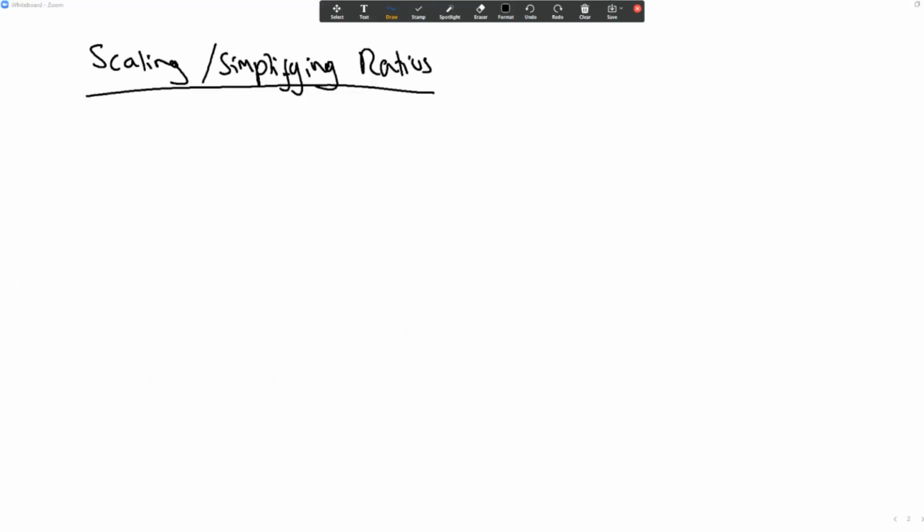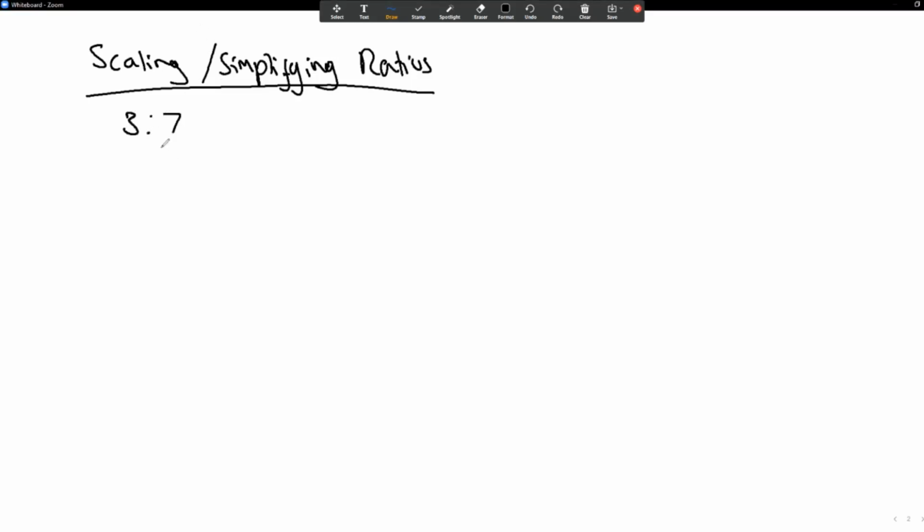Okay, we can also scale and simplify ratios. So, for example, if we have the ratio 3 to 7, let's say, we can multiply that by any constant. So we can multiply it by 4, for example. We'll get 12 to 28, because we multiply the 3 by 4, we multiply the 7 by 4.